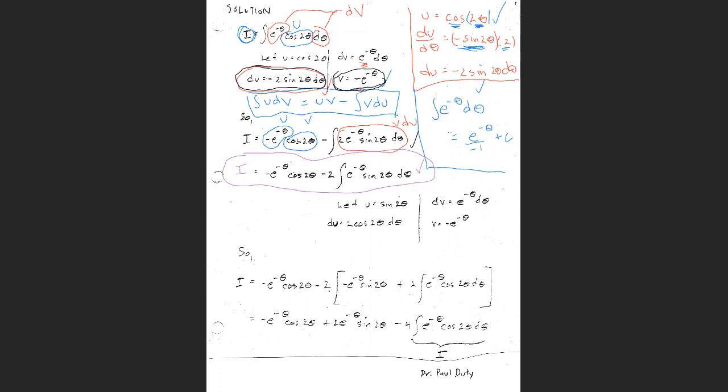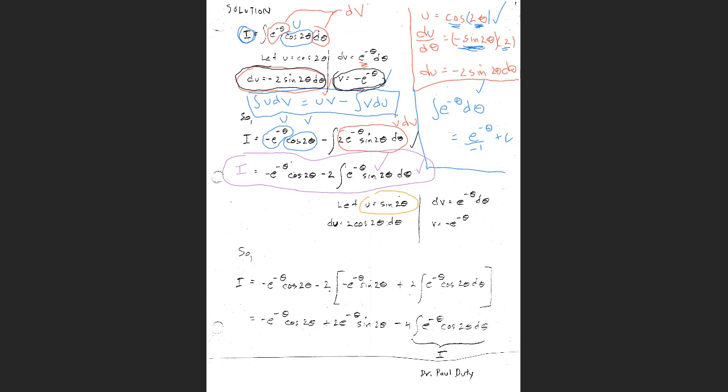But I don't have an answer. I don't know what my integral is because I have to find the antiderivative of e to the negative theta sine of 2 theta. So look what I'm going to do here. I'm going to do integration by parts again. We're going to let u equal sine of 2 theta.